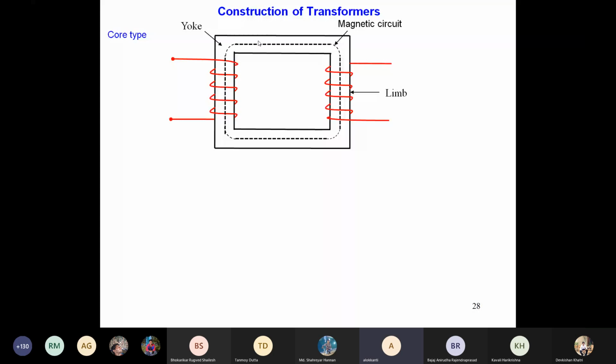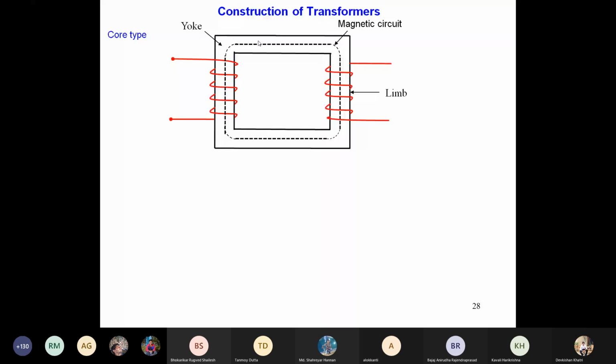This is shown for explanation purposes. I will show the actual winding also. How it is actually wound is something different, it is not done this way. I will show it in some diagram after three or four slides. This is the diagram that we will use for derivation, explanation, and mathematics, but the actual physical construction is different.